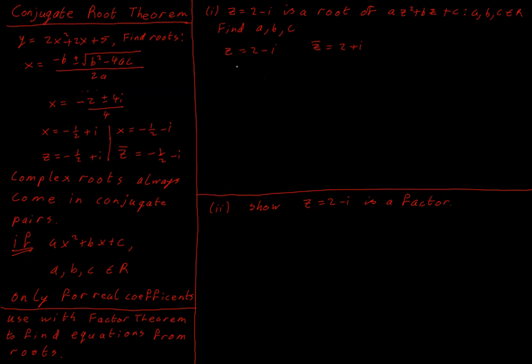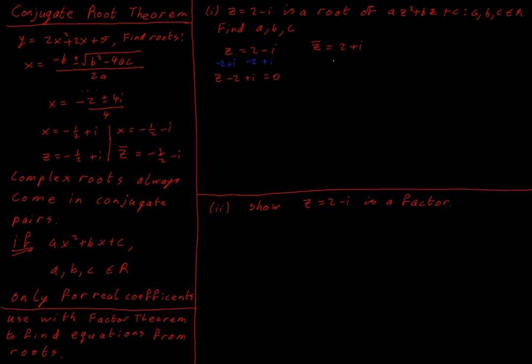So rearranging, I'm going to have z minus 2 plus i is equal to 0. Via the factor theorem, this is a factor of my equation.